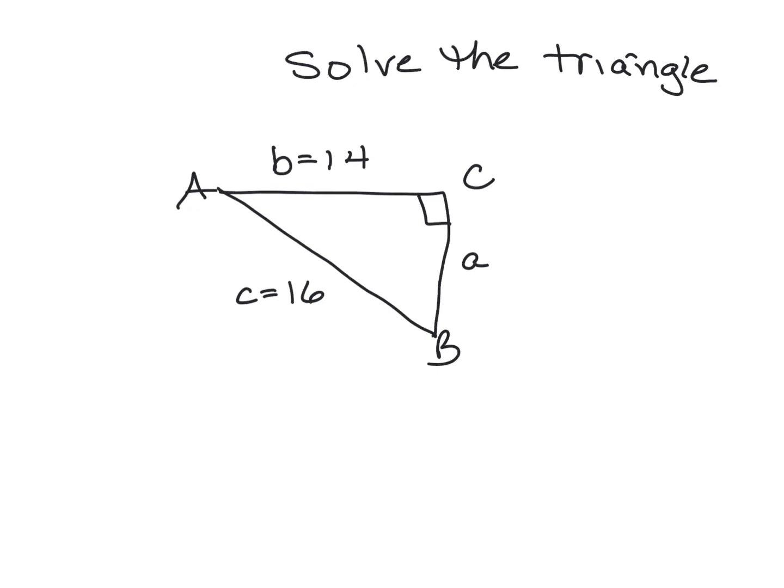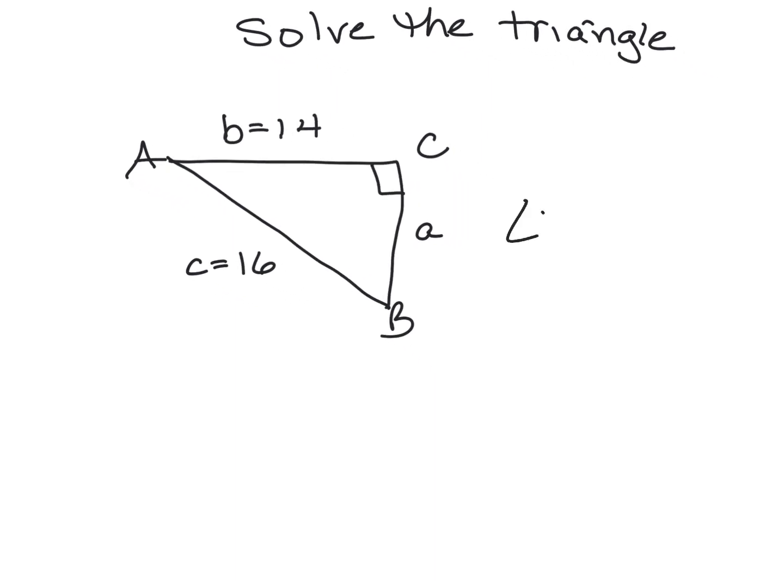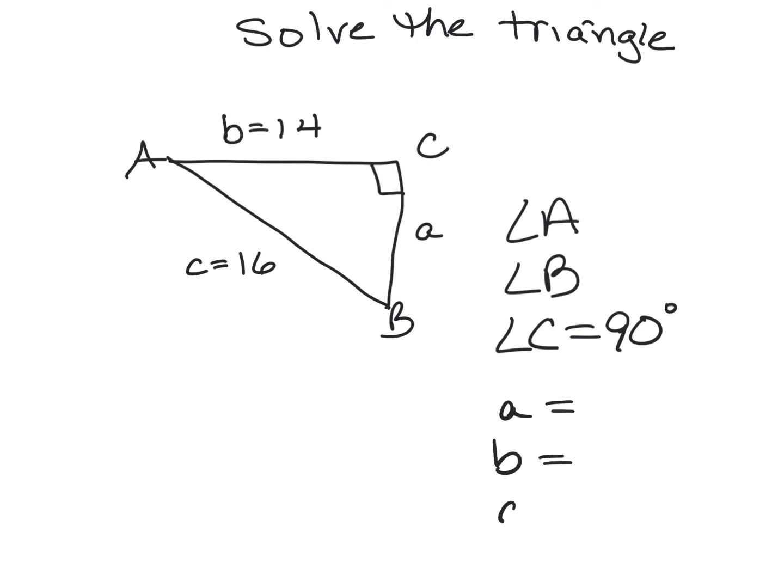So when we're done here, I should be able to have found angle A, angle B, angle C. I already know angle C, it's 90. And then lowercase a, lowercase b, lowercase c. I already have b, it's 14. I already have c, it's 16.